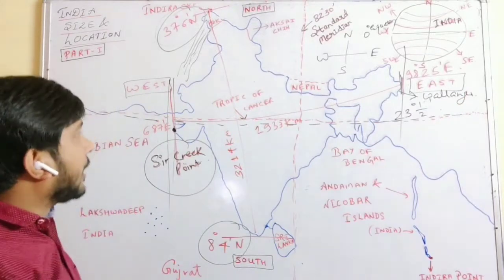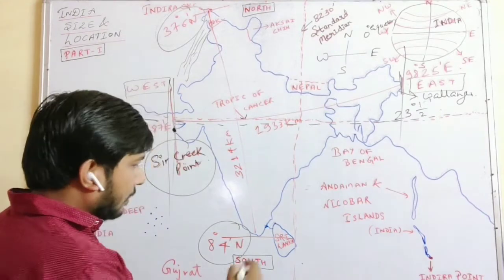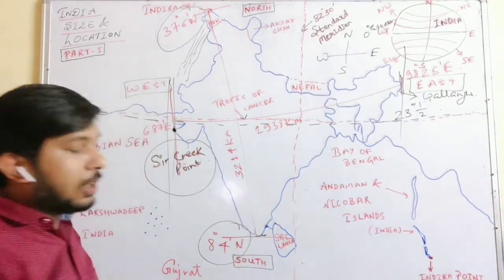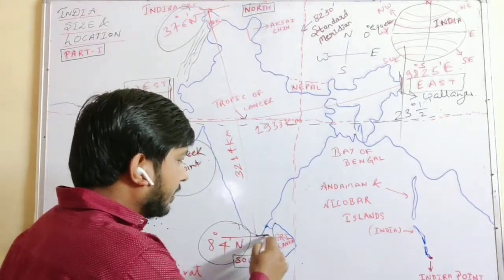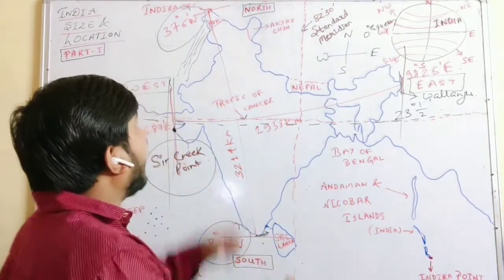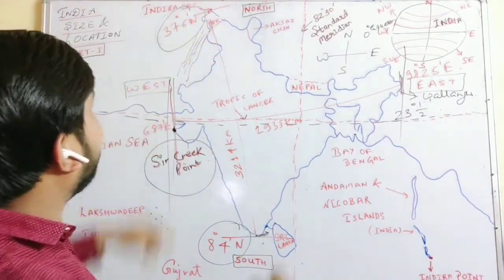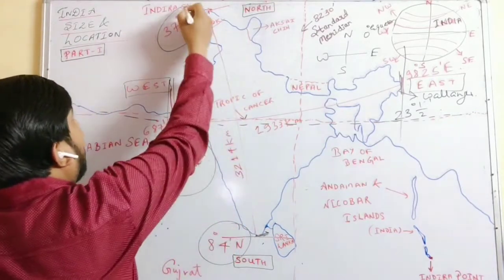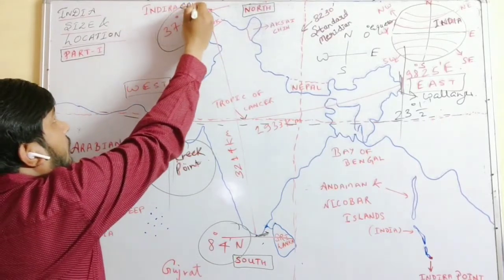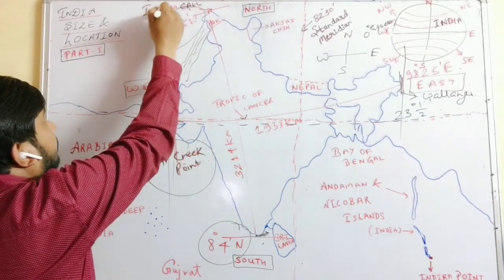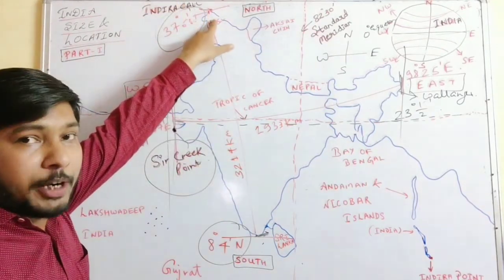Okay. Now, here, if you say the mainland is this, the Kanyakumari point, and the northernmost point is called Indira Col. Indira Col is the northernmost part of the country.